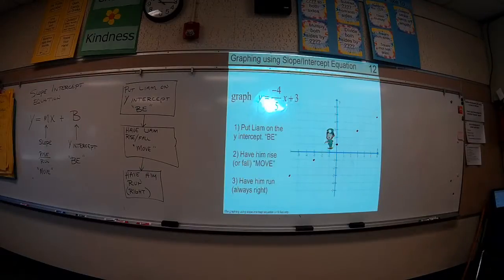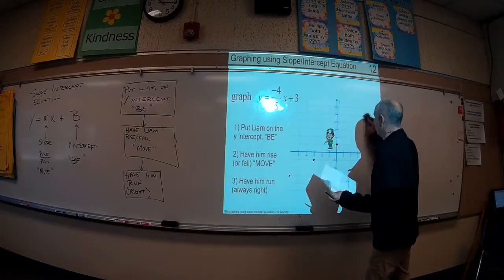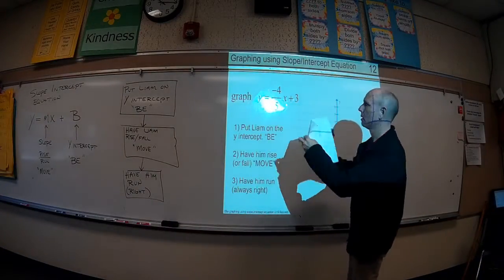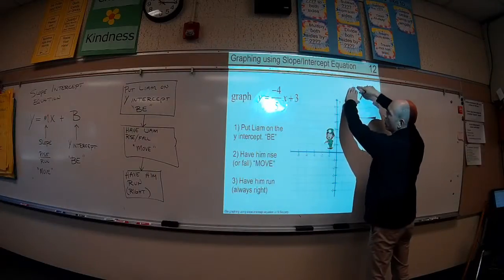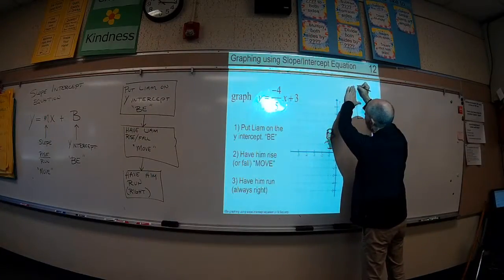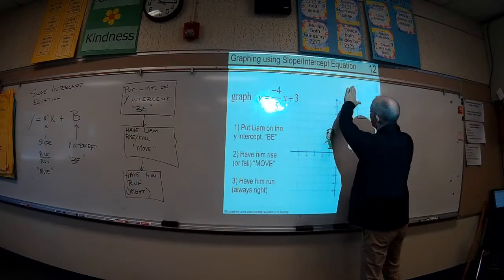All right. We're going to write this equation right here. I'm going to write down y equals -4 fifths x plus 3.